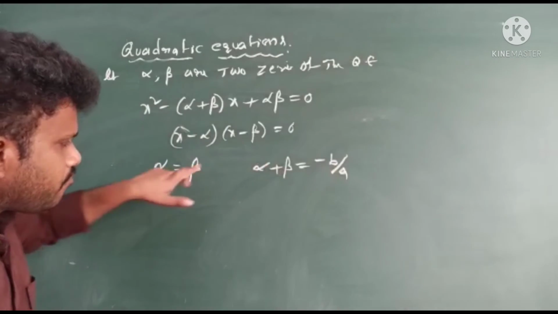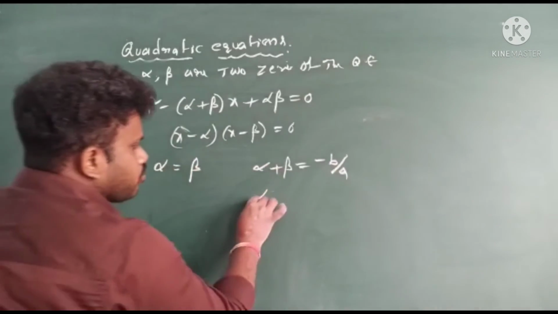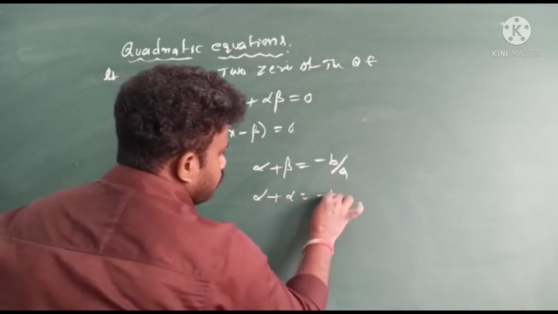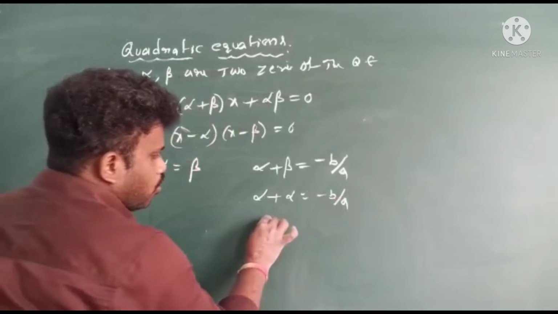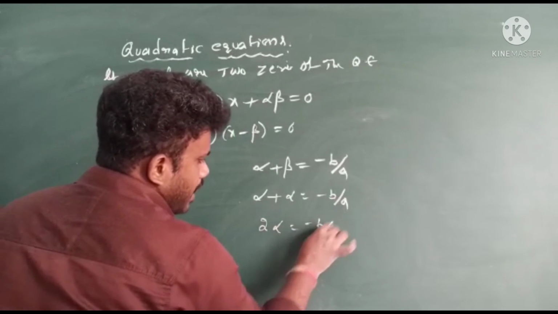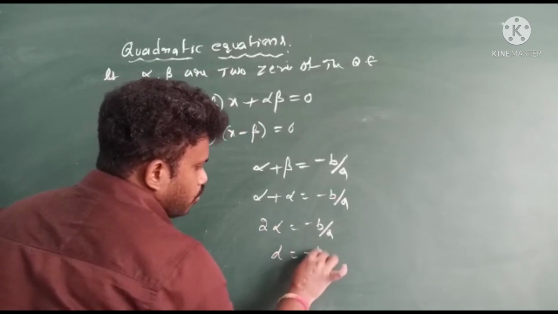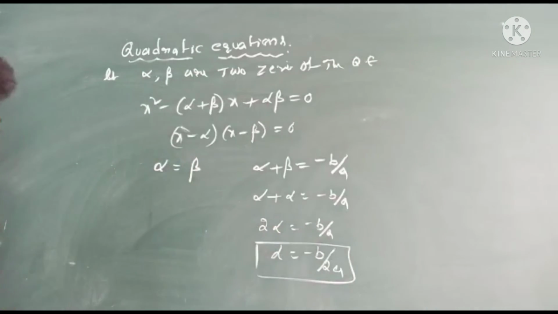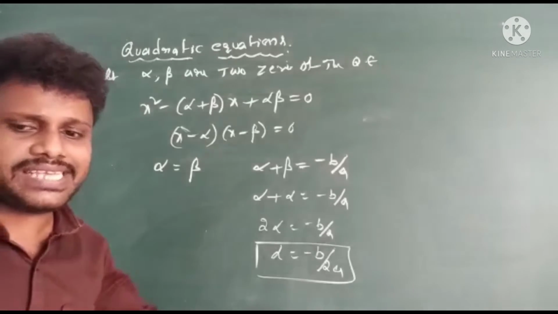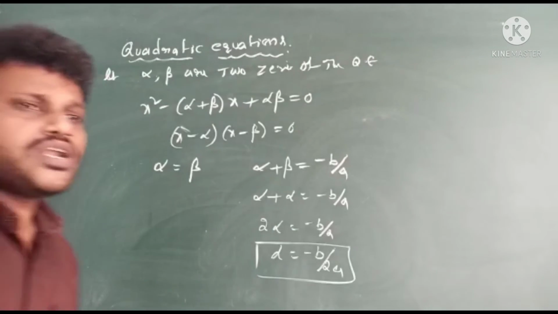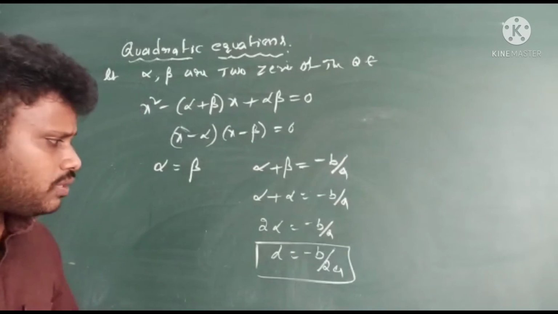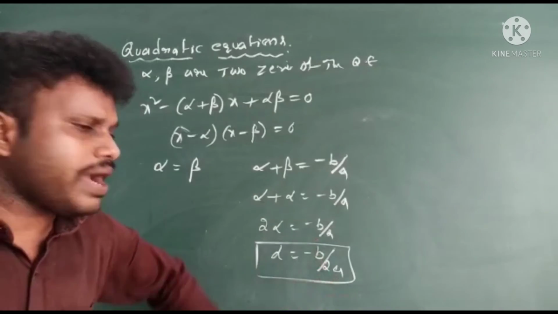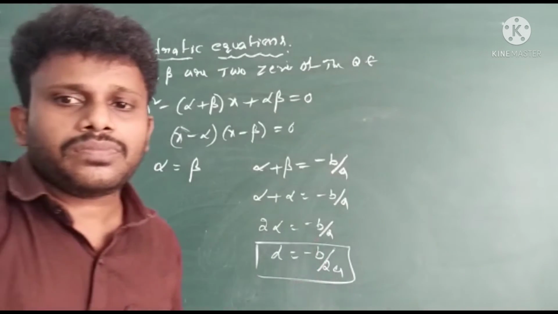So in place of beta, if you replace alpha, then alpha plus alpha is equal to minus b by a. Now 2 alpha is equal to minus b by a, alpha is equal to minus b by 2a. Here alpha is nothing but the double root. When both the roots are equal, we say that it is a double root. When it is having a double root, to find the root, the direct formula is alpha is equal to minus b by 2a.